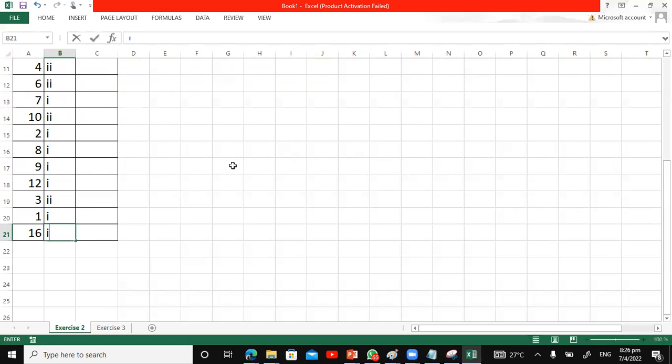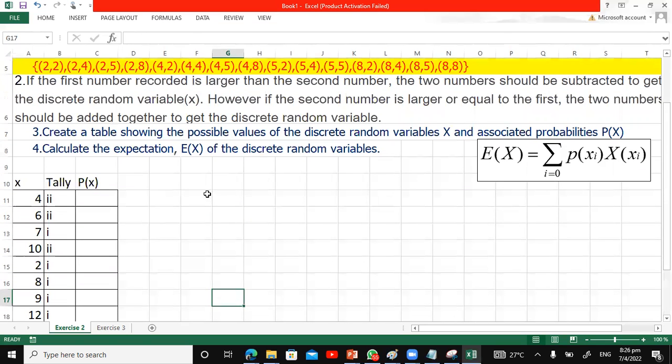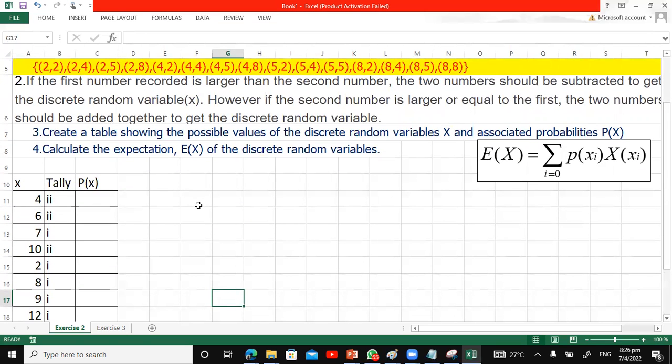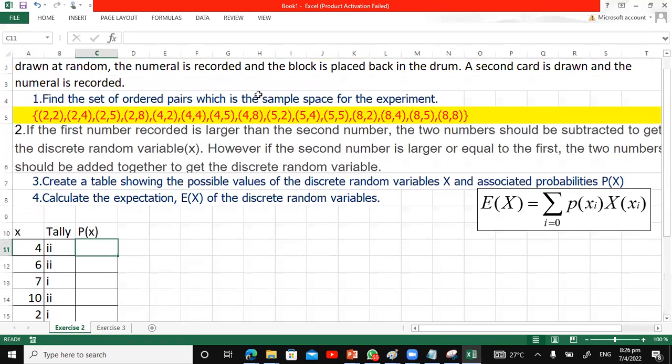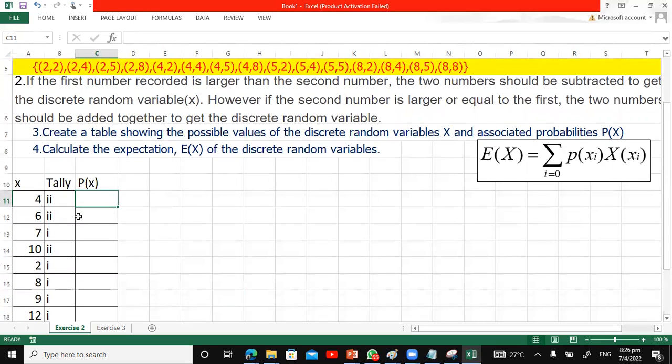All right. So what we're going to do now is record the probability of each of these. So let's look at how many times we have 4. We have 4 there 2 times. Since we have 16 different pairs, the probability of the 4 is going to be 2 out of the 16, because we have seen 4 2 times.